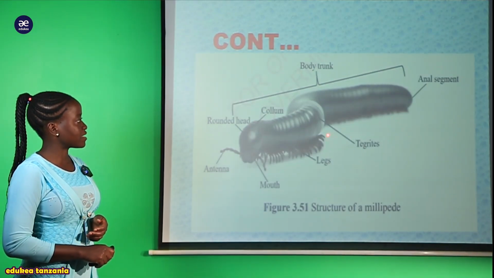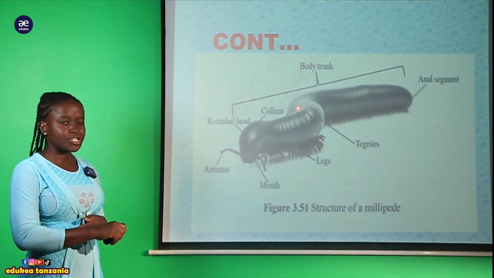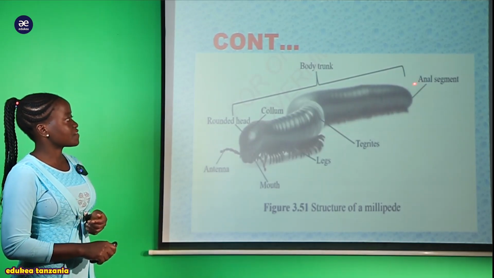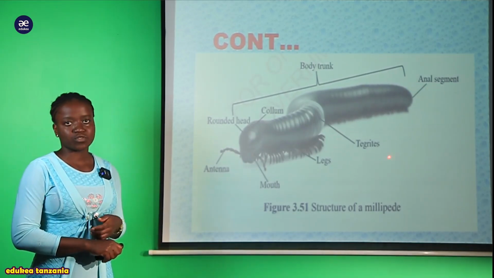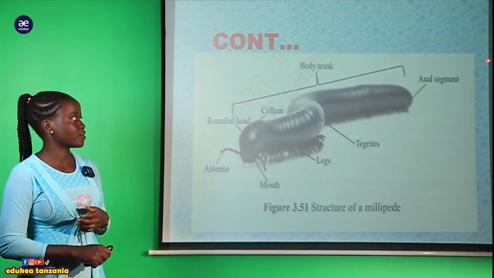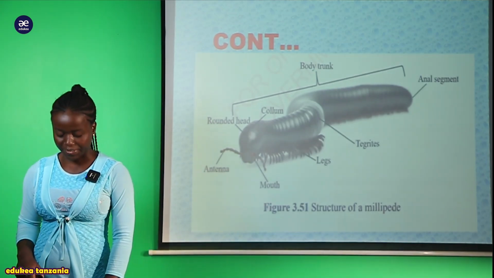And now you can see this one are the tergites. Tergite ndicho hiki kipingili kimoja cha hawa organism. And also they have this anal segment, is where now they can remove a fecal material or the stool. So this is the structure of the millipede.